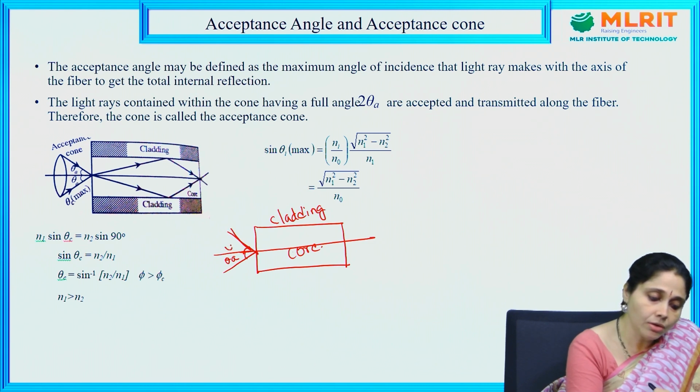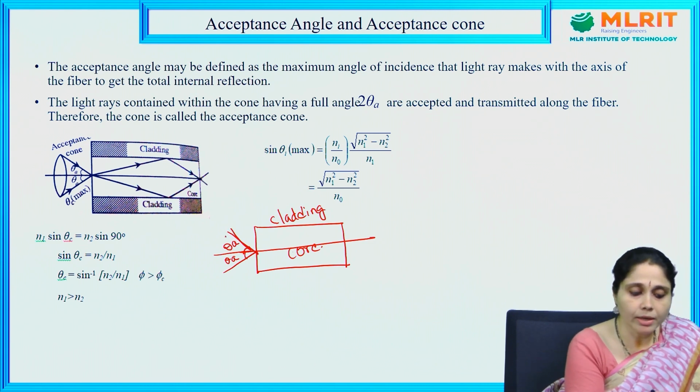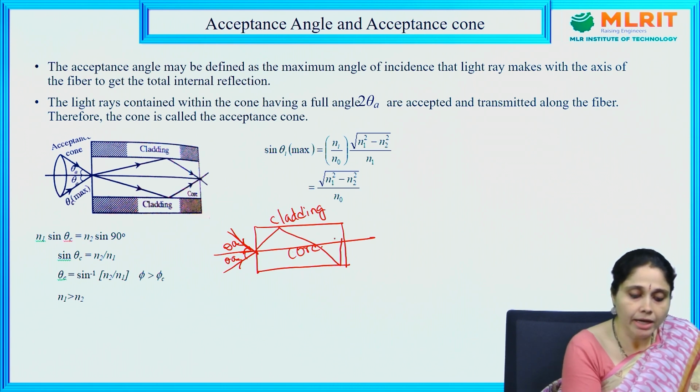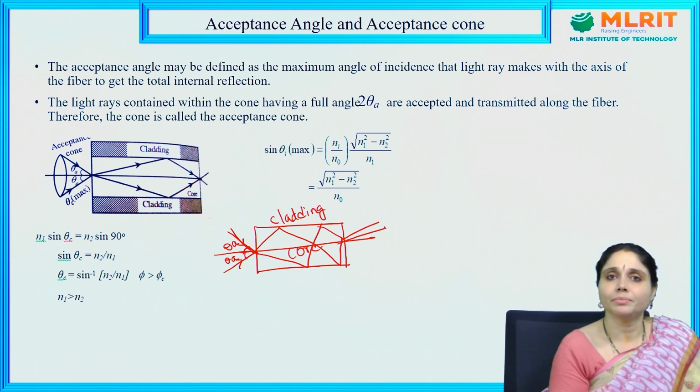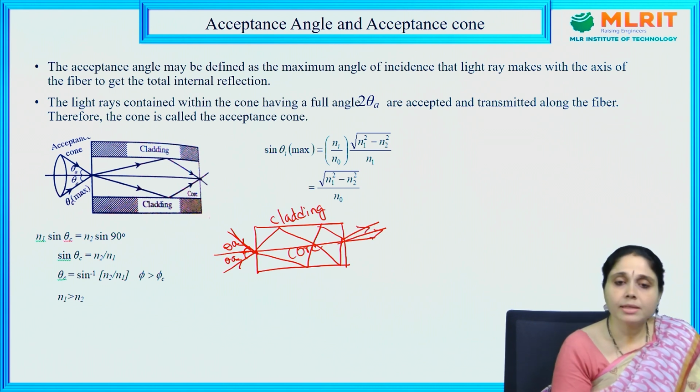So this is also theta A. So the total becomes 2 theta A, which is known as the acceptance cone. This is the cone formation, where the light enters through the core-cladding interface in both directions and we get the final output. This is the transmission of data through the optical fiber.